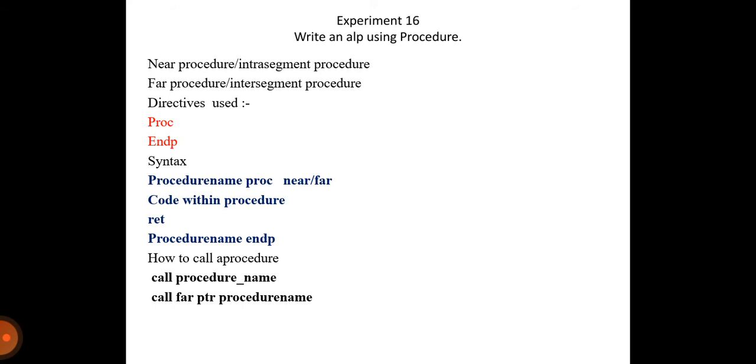After this, whatever instructions we wrote in the procedure definition will get executed sequentially. And before we end our procedure, we need to write the RET instruction. When we execute the RET instruction, control will be transferred back to the location from where the procedure has been called.